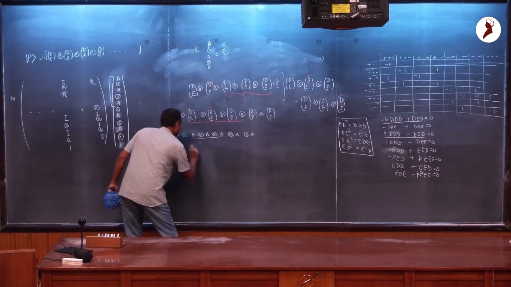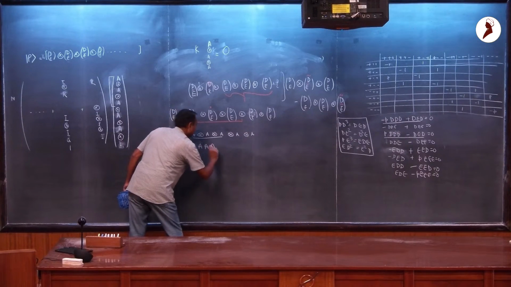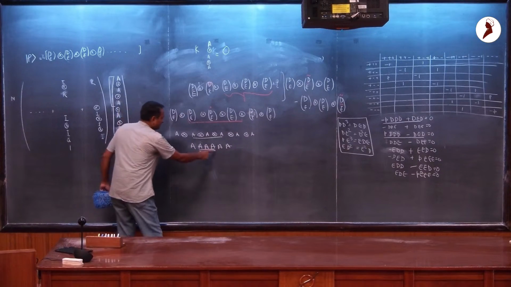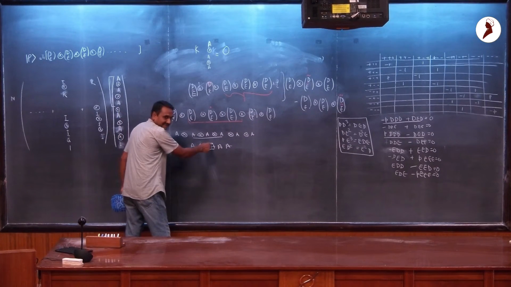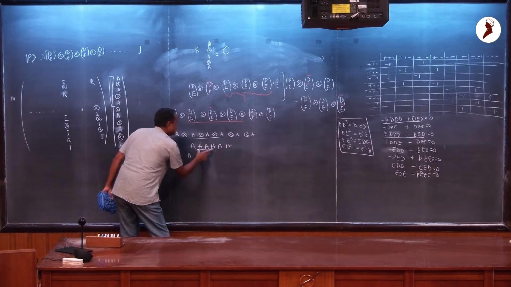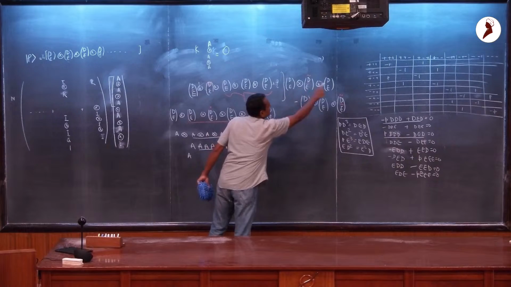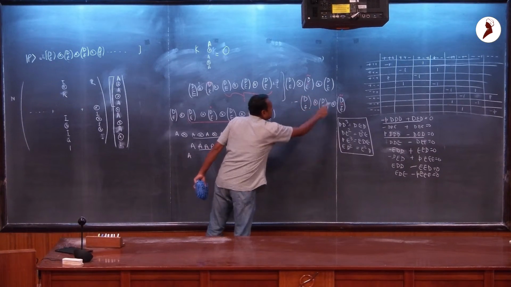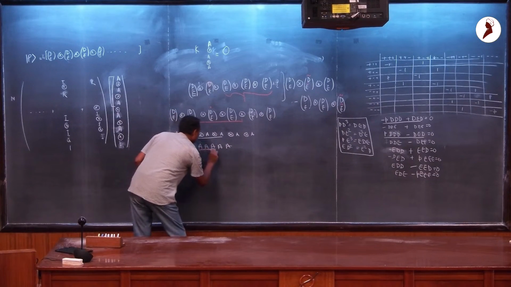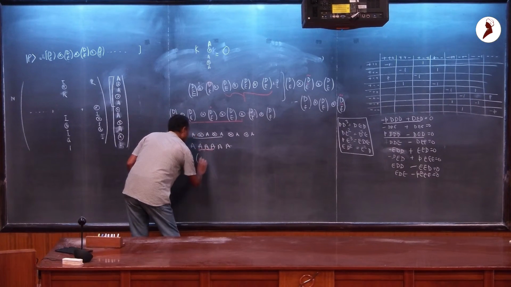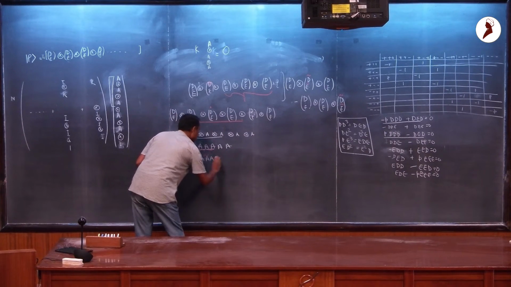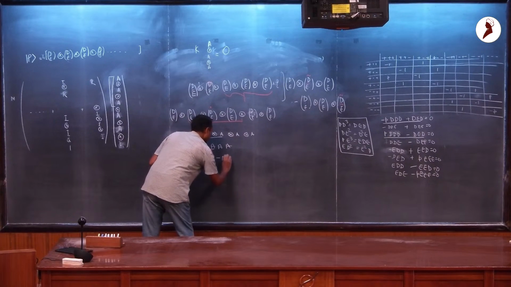So this is equivalent to A, and you are operating on these three. So when you operate on these three, this becomes A tilde A minus A tilde, right? So this will be A, and these three become A tilde A minus A tilde.